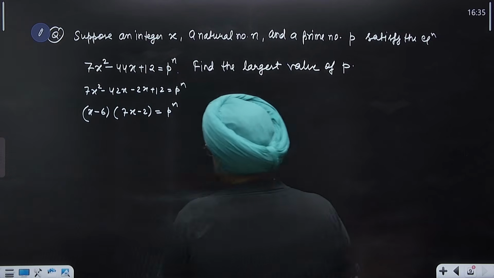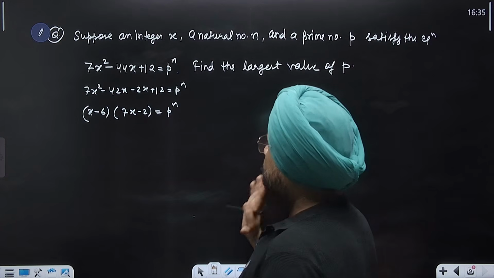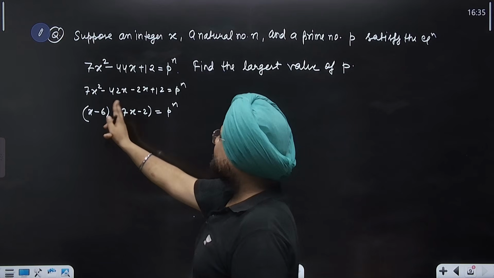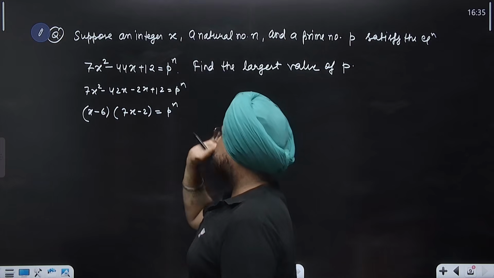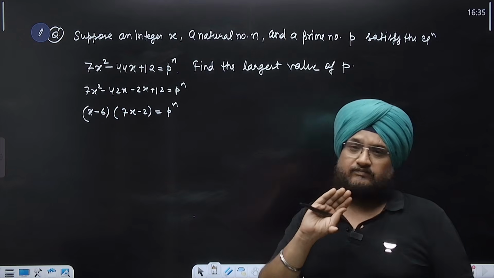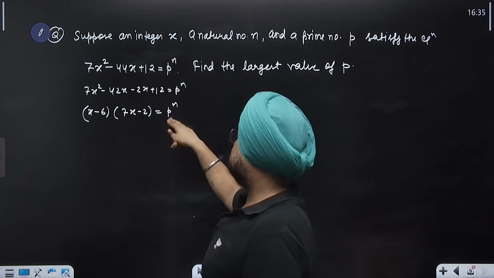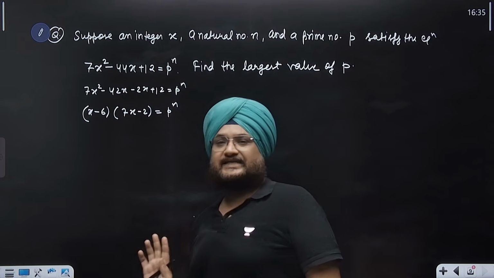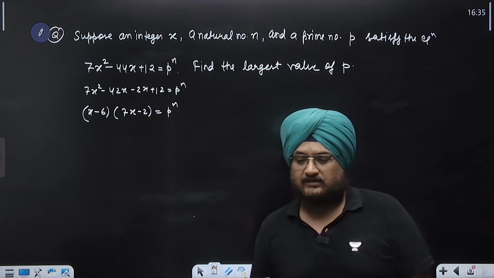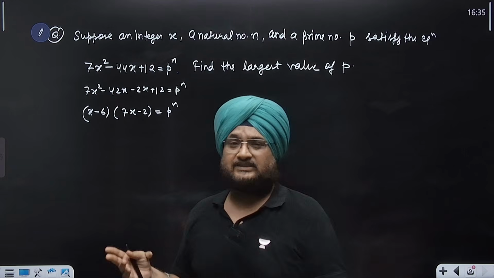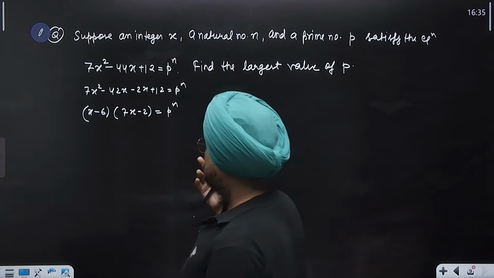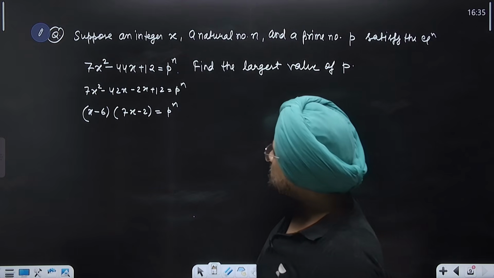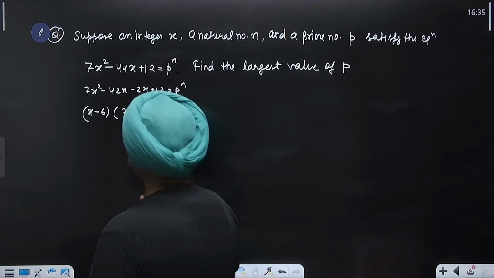Yes. So x is an integer, and the product of these two numbers is p to the power n. So both of these expressions have only p as their prime factor, but their product can be anything.